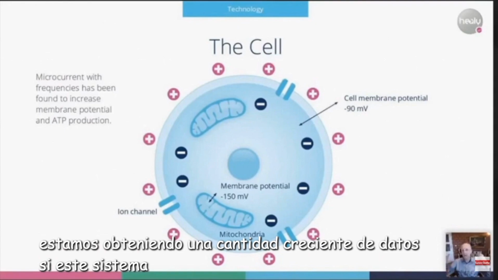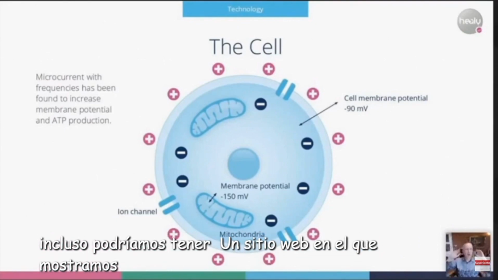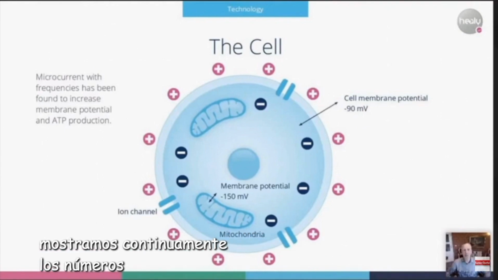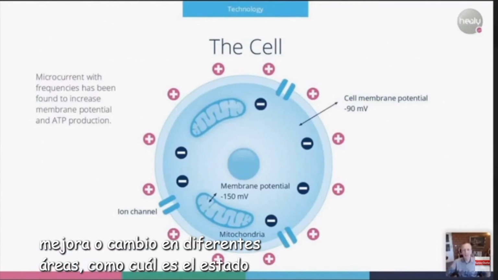If this system is established, we could even have a website where we continuously display the actual numbers of satisfaction, of improvement or change in different areas, like the bioenergetic state of the people.